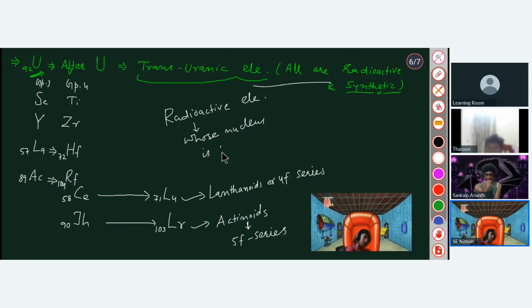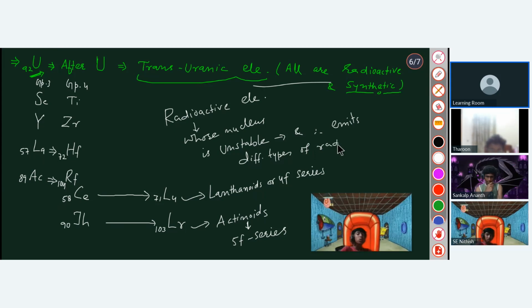When the nucleus is unstable, it will try to become stable, and therefore emits different types of radiation. After emitting the various radiations, it becomes a little bit stable.